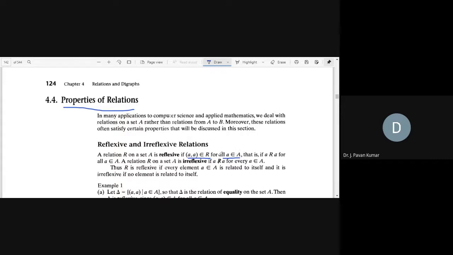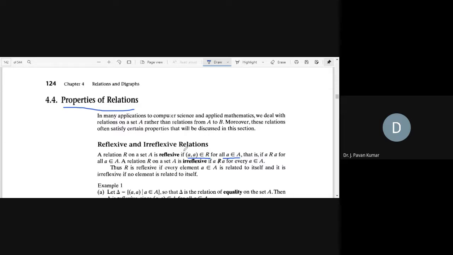Then what tuples should we have in R to claim that R is reflexive? 1 1, 2 2, 3 3, 4 4. These tuples should be present in R. Apart from these four tuples we can have several other tuples, but these four should be present in the relation. Then we can claim that the relation is reflexive.